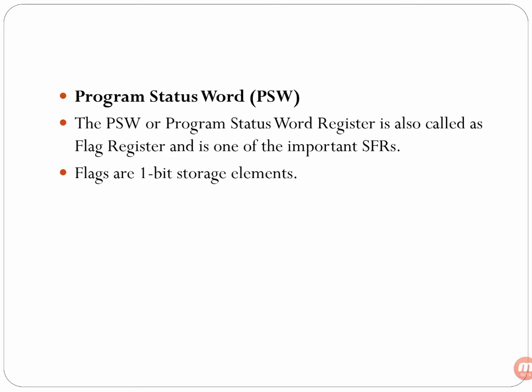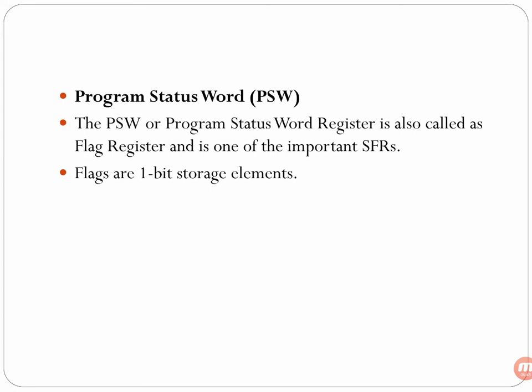Next, the program status word. The detailed bit description of the PSW register I have done in one of my videos. Here we are discussing the PSW in brief. The PSW or program status word register is also called the flag register and is one of the very important SFRs.